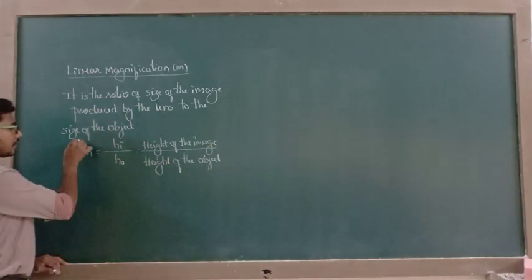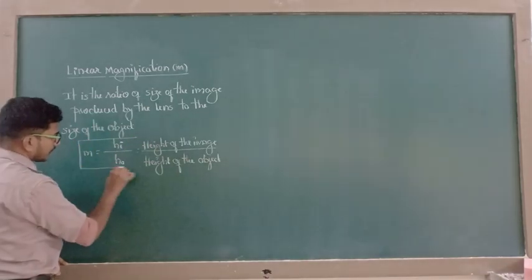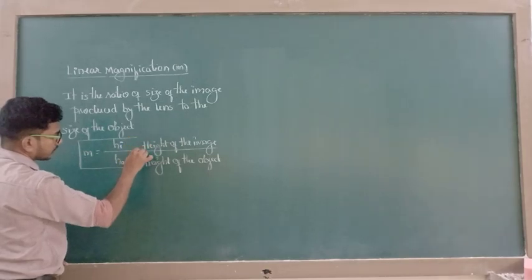So this is the equation for linear magnification in terms of height of the image and height of the object.